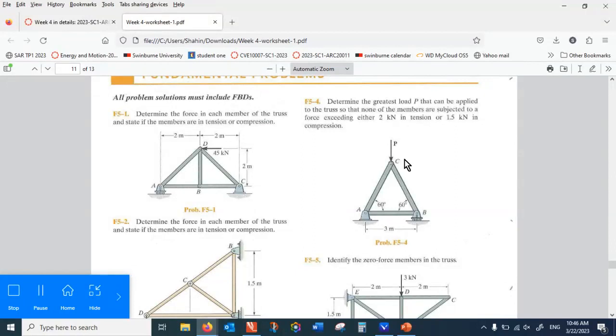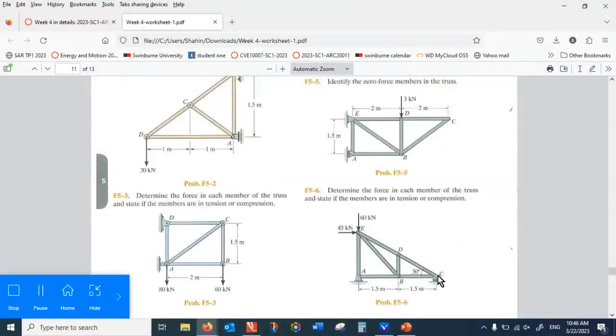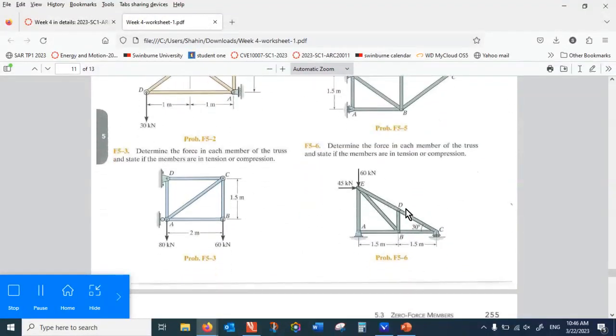An example of that is here in fundamental problem 1, DB is a redundant, it's a zero force member. In fundamental problem 3, AC is a redundant member. In 6, DB is a redundant. When you remove it, you notice that BE also becomes redundant.